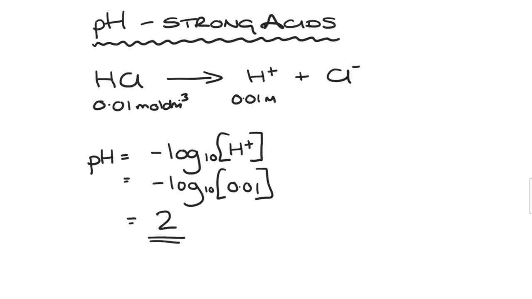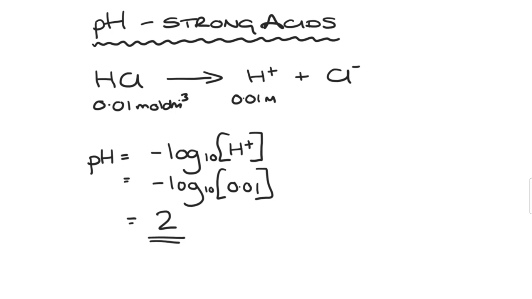And so a logarithmic scale takes that wide range of numbers, often numbers which are very, very small, and turns them into more user-friendly numbers. So 0.01 is potentially not particularly user-friendly, but 2 is a much better number. And so this pH equals minus log base 10 of the hydrogen ion concentration equation is a way of taking those wide-ranging numbers and giving us numbers that we can more easily use. And typically pHs will be between 1 and 14, although it is possible to have values outside of that range.